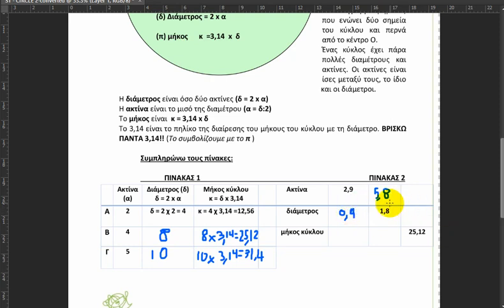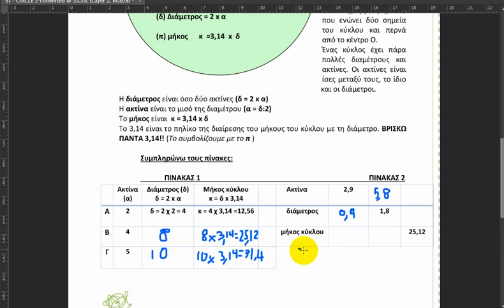All right, so to find the circumference here, we would need to do 3.14 times 5.8. Actually, no, let's write it.